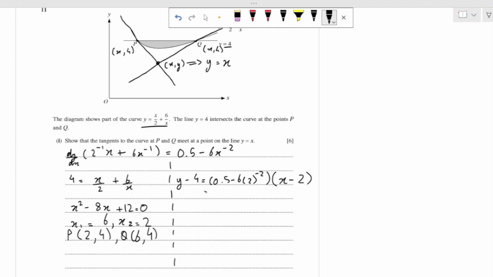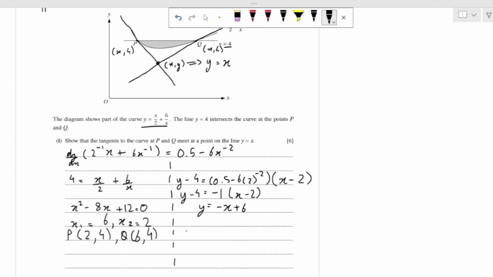And when we simplify this, we get minus 1 for the gradient value, x minus 2 and y minus 4. When we simplify, we get the equation of the line as y equals minus x plus 6. That's for the point P.